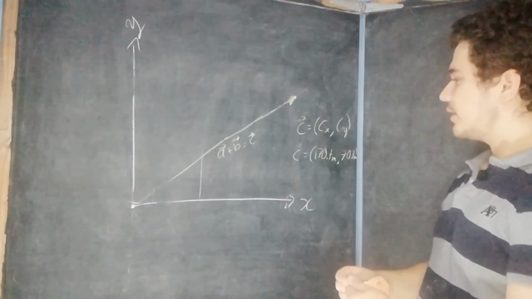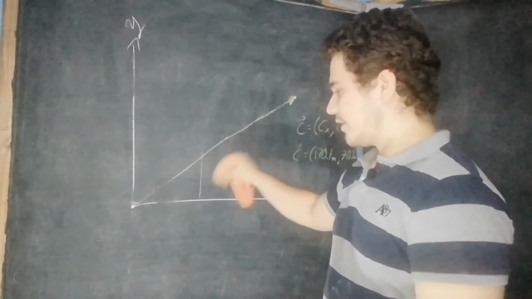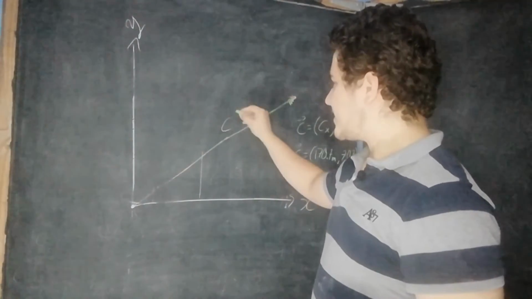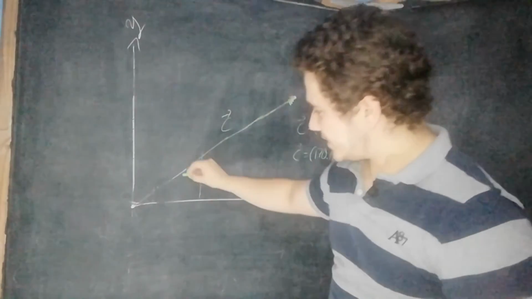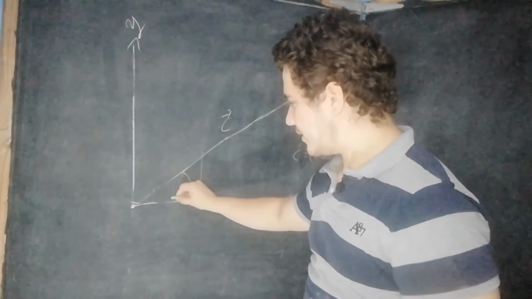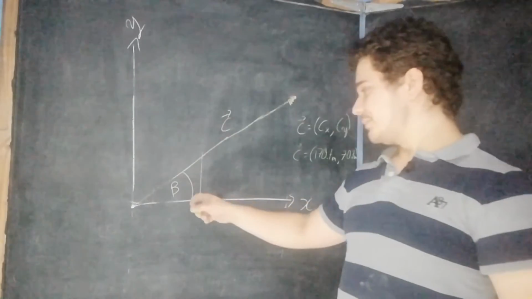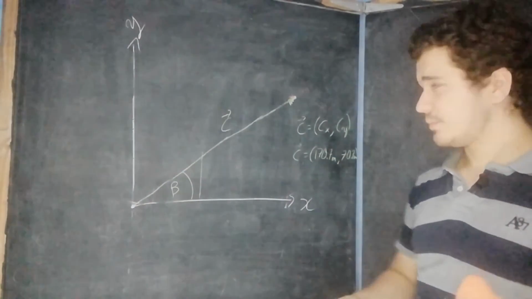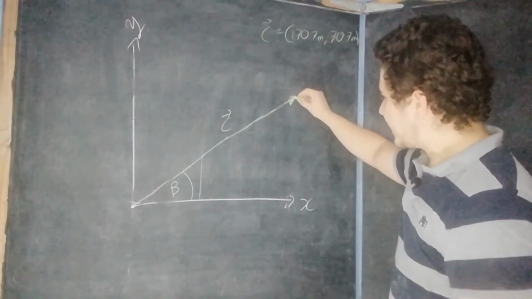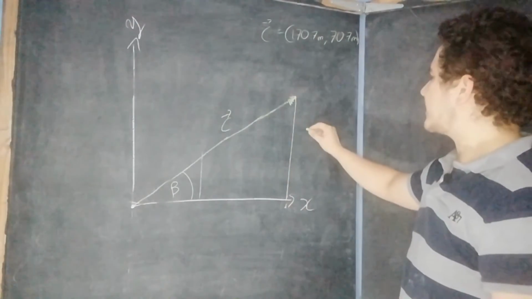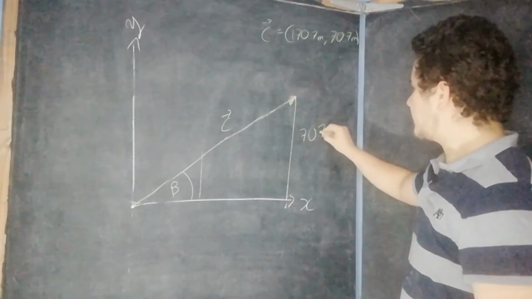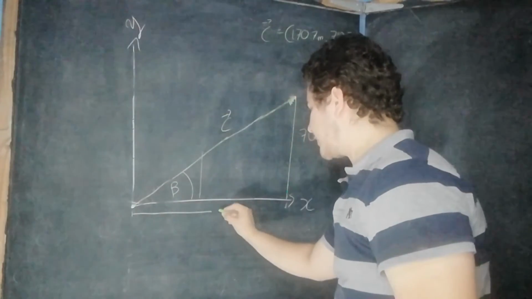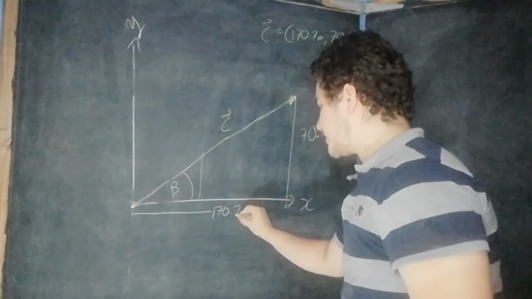We can actually get the new angle of this new vector C. This angle, we can call it beta. To get the angle beta, we have to do the same trick we did before, but in reverse. If we write it again, we know this component is just 70.7, and we know this component is 170.7.